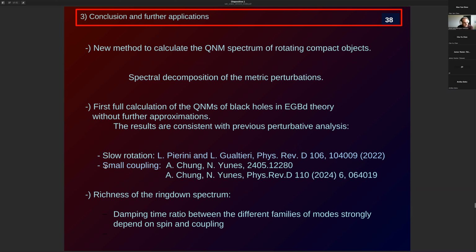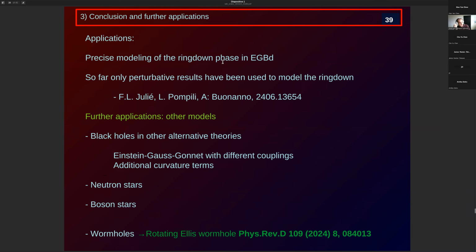But we have tested our results also for the linear coupling, just change the coupling and get the results. And our results show very good agreement with the results from these papers. And the general idea is what I told you already, the richness of the ringdown spectrum. I think that's important because it allows us now to have some more precise modeling of the ringdown phase in Einstein-Gauss-Bonnet-dilaton theory.